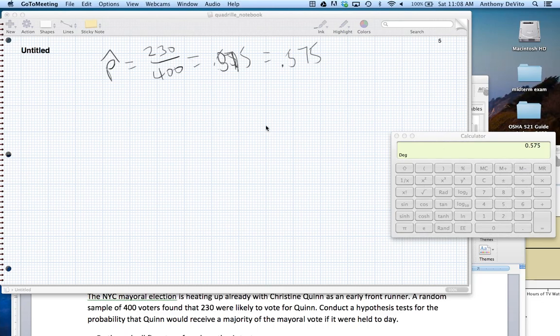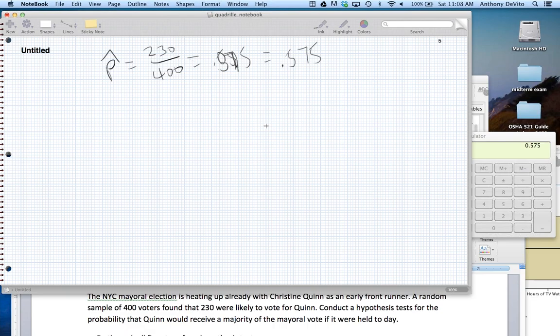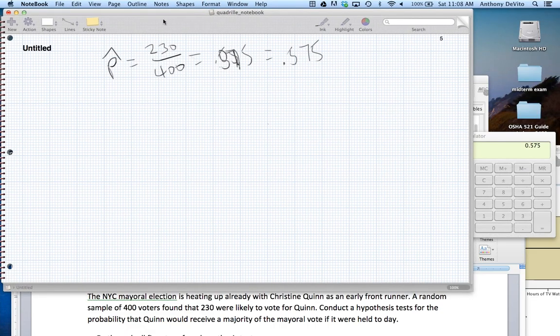Okay, good. So now let's figure out what we are comparing this to. The problem asks us to determine whether or not she has a majority of the population. This is the proportion of people in the sample of 400 she has. Does she have a majority in the population? Well, what is a majority?